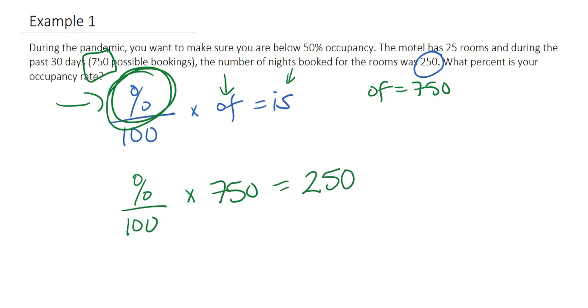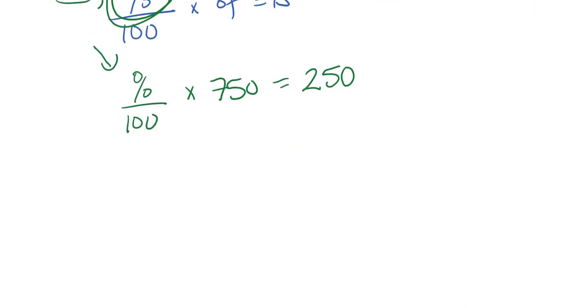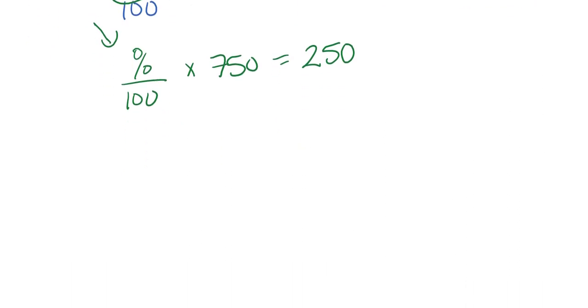So let's go ahead and start solving for this percent. What can we do here? The first thing we can do, we have 750 times this percent, which sometimes you might see as x, like that. That's essentially our variable. So what we can do is take a fraction and multiply it on both sides.